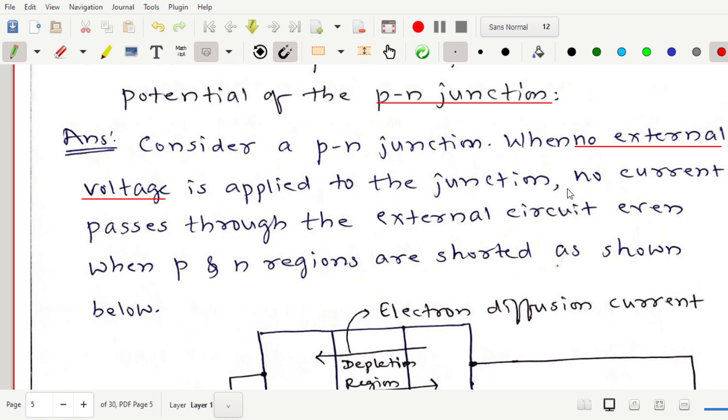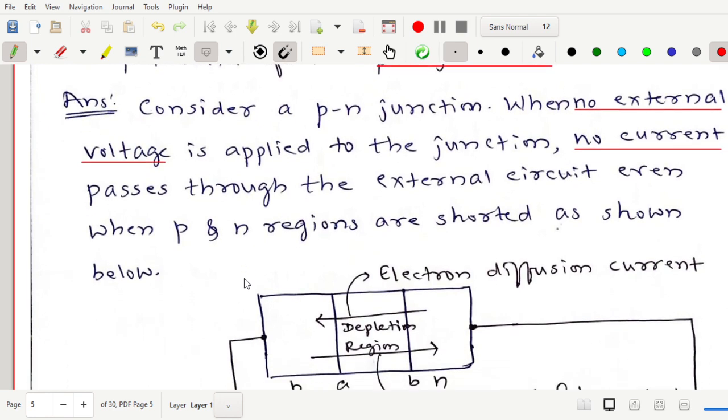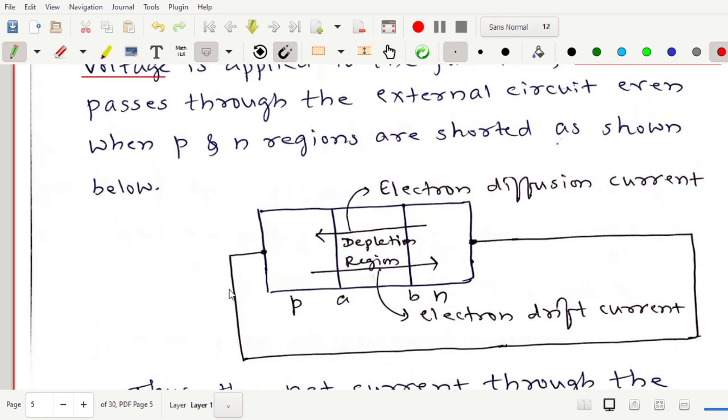So when this happens, what will happen? No current passes through the external circuit even when P and N regions are shorted as shown below. If you look at this PN junction, on this side we have the P type, and on this side we have the N type, and in between we have the depletion region.